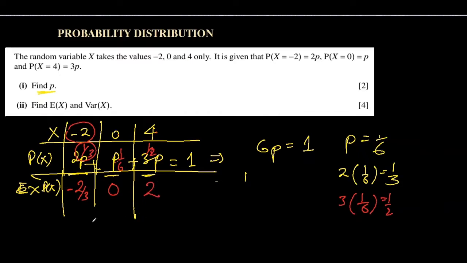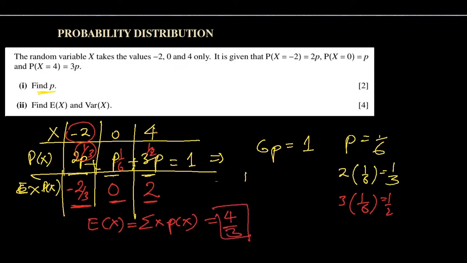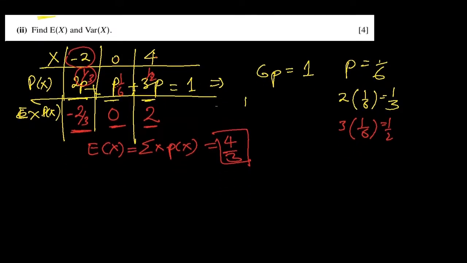So what will be the expected value, which will be sigma x px? That means add this plus this plus this. So 2 plus minus 2 over 3 will be 4 over 3. This is Ex.